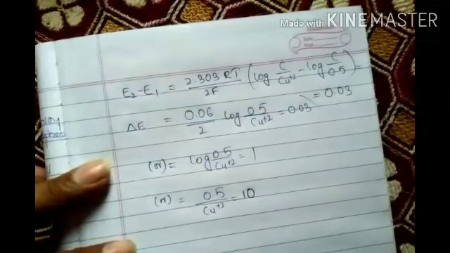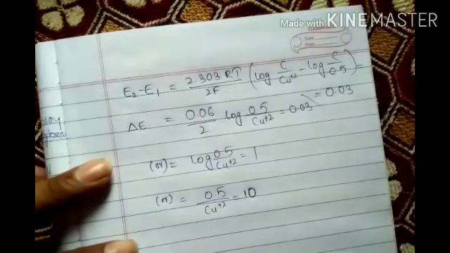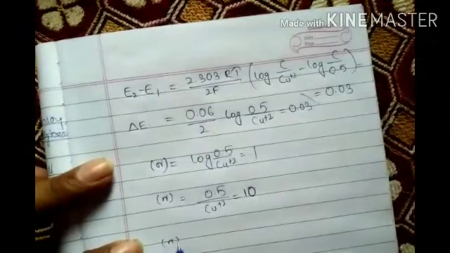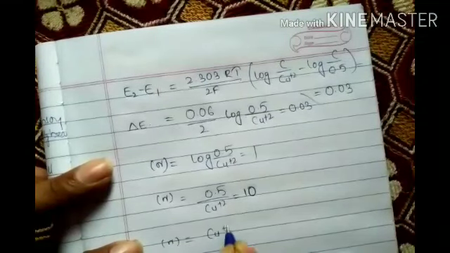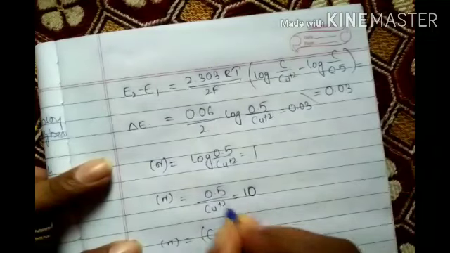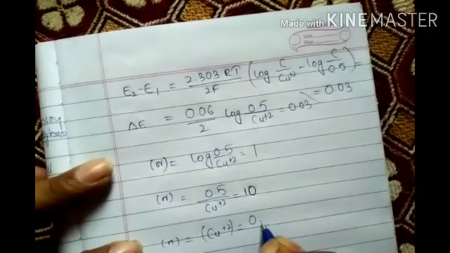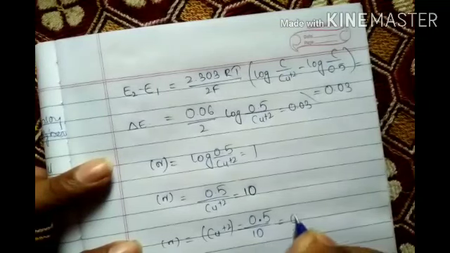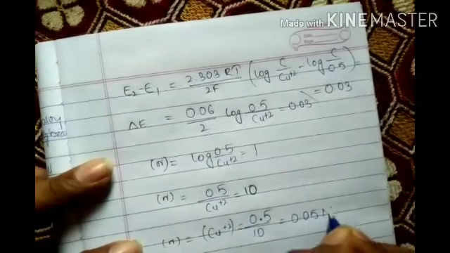Log 1 they cancel, that is the trick. So Cu plus 2 equals 0.5 by 10, equals 0.05 M.